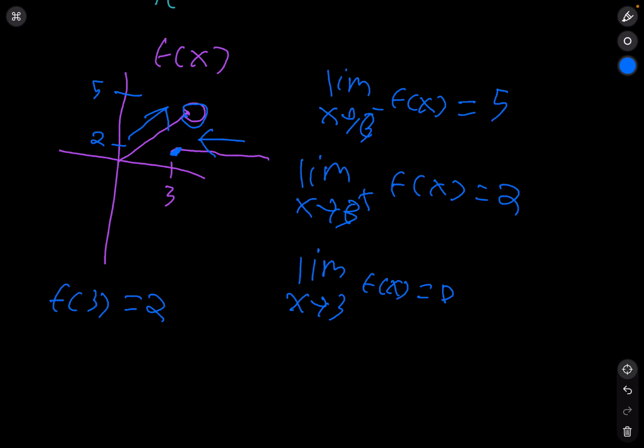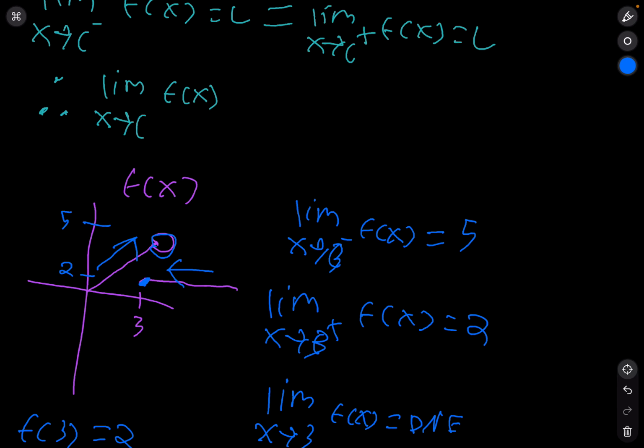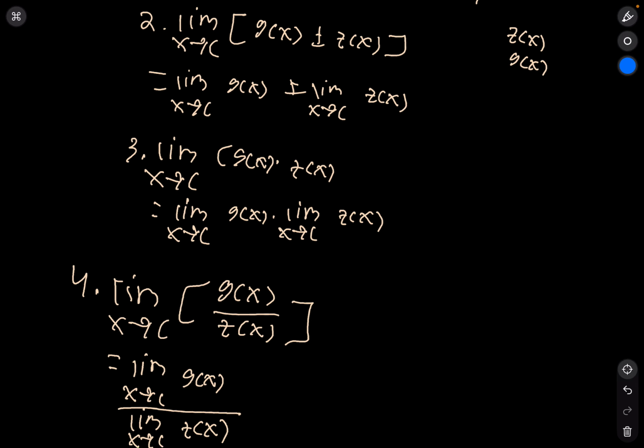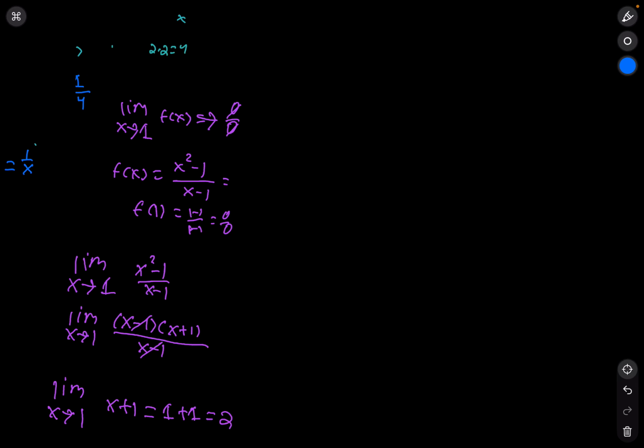Why is that? Well, visually speaking, you can see that both these limits don't end up at the same place on the left or on the right side, and therefore the limit does not exist, because one limit is going to one area, and the other limit is going to another specific area. And so you can see that with all my other examples, they always go to one specific area.